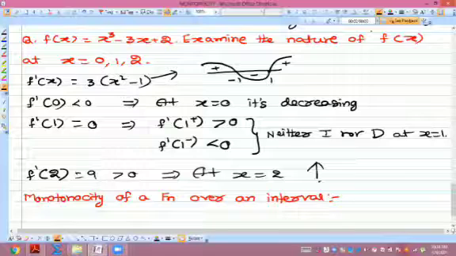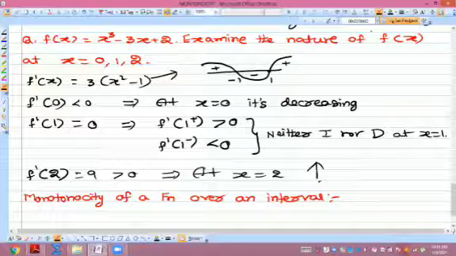Keep the heading: monotonicity of a function over an interval.